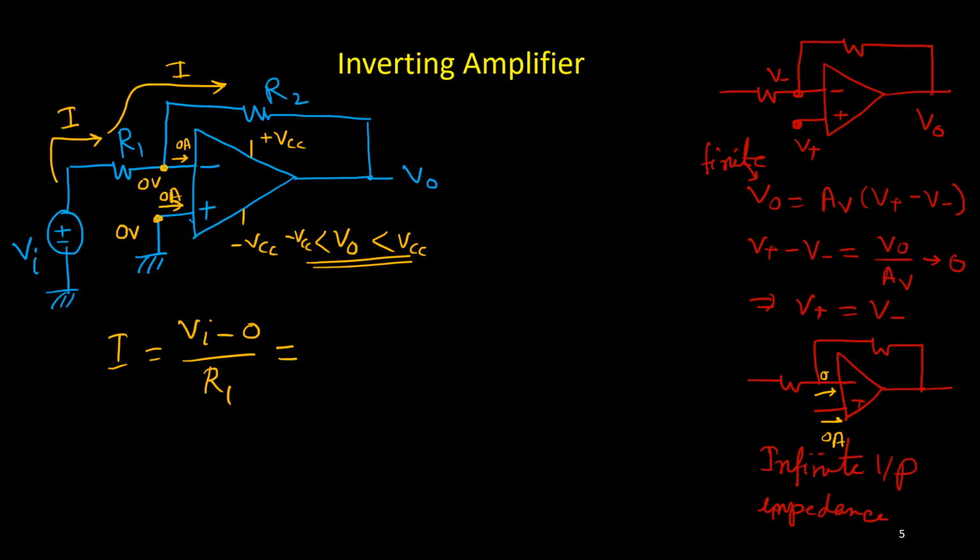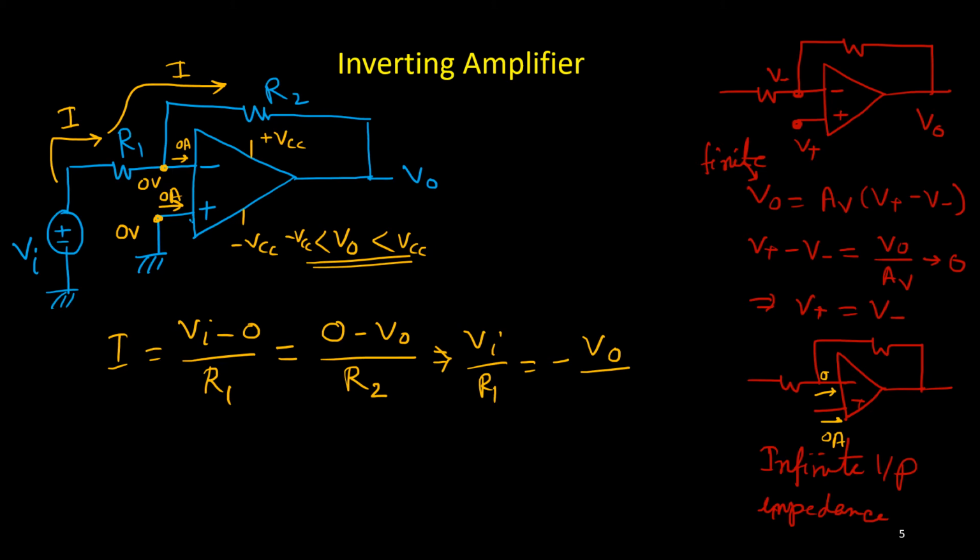This is the same direction current. So be careful about the position: 0 minus V naught upon R2. If we simplify this, what will we get? Vi by R1 equals minus V naught by R2.